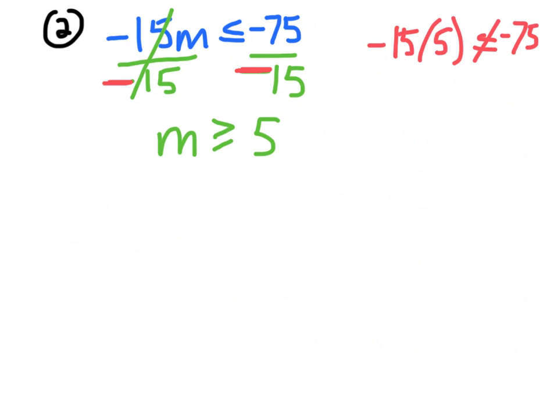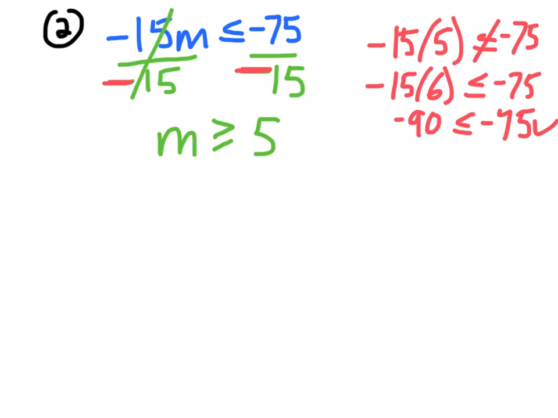If we substitute in 6, which should work because 6 is greater than or equal to 5, we have -15 times 6 is less than or equal to -75. This simplifies to -90 is less than or equal to -75, which is true, which is exactly what we wanted.